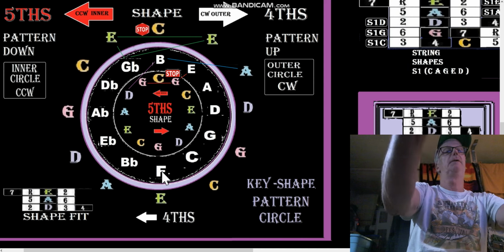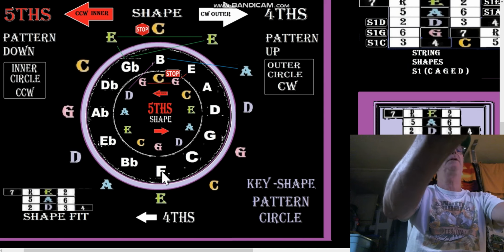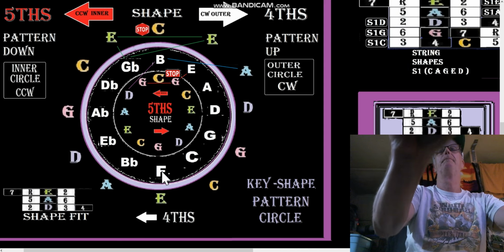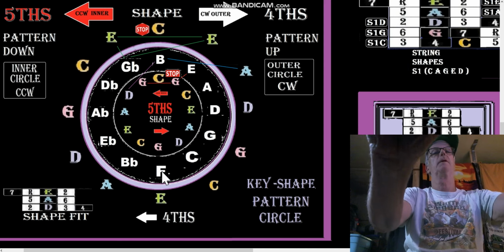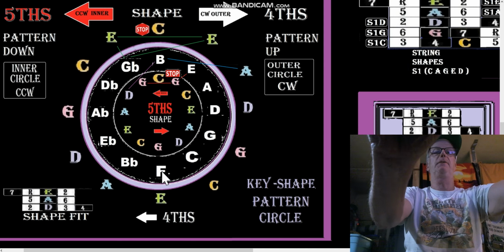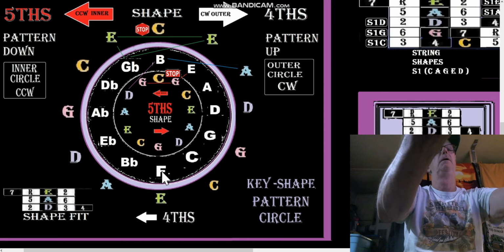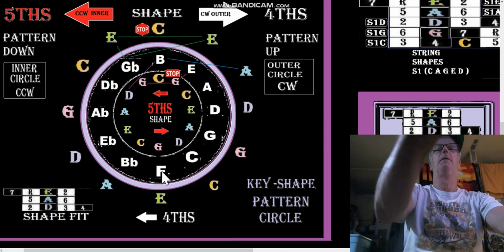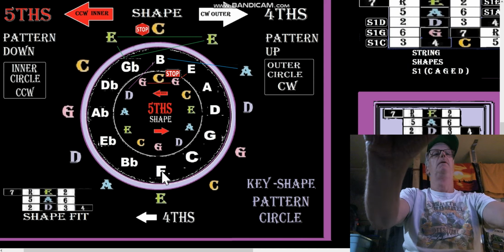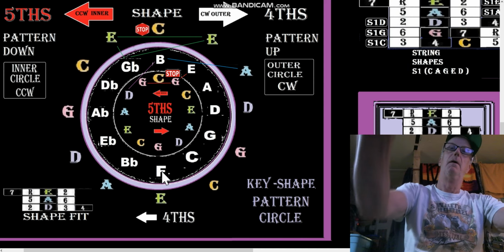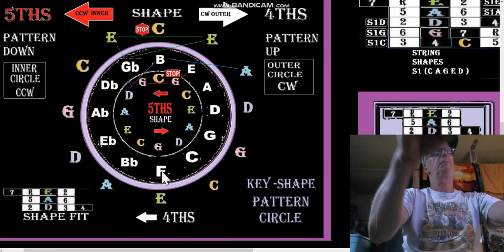It would be no matter where you started. So E's going to start on the 7th. And then you could follow the E-shaped pentatonic, the E-shaped diatonic, or the F diatonic, or just play the pentatonics.